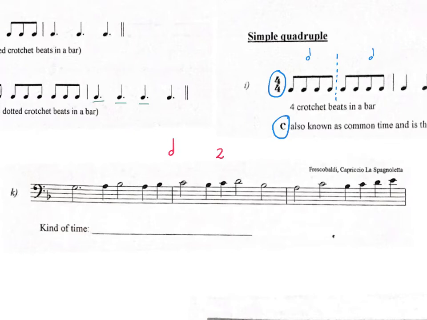Then I count and I go, there's 1 minim, there's 2 minims, there's 3 minims, there's 4 minims. Awesome. So I know it's 4/2, and then I write down that it is simple time, and it's quadruple time, 4 beats of simple time.